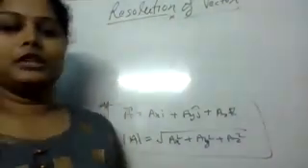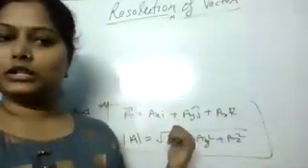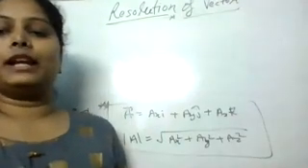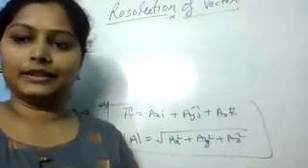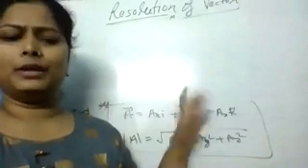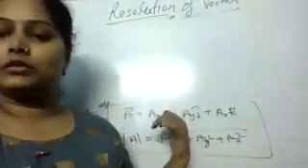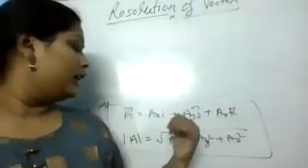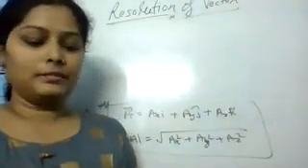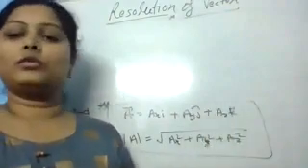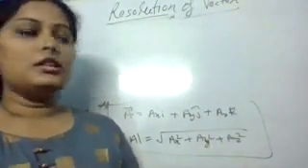And when we are talking about component of the vector, because this is 3 dimension, we have to take 3 angles. So alpha, beta, gamma may be any angle. So your component will be AX equals A cos alpha, AY equals A cos beta, and AZ equals A cos gamma.